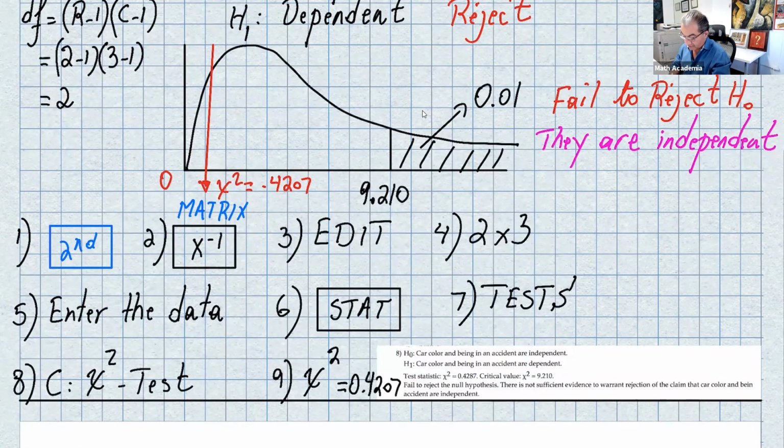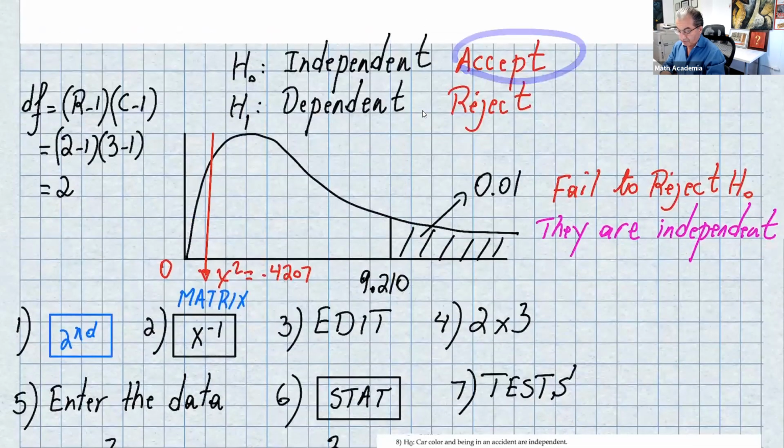So if you calculate, you get 0.4207. I put it here, it's in the non-shaded region. So fail to reject H0, that means accept H0 and accept the fact they are independent. So the color of the car and the number of accidents are independent.